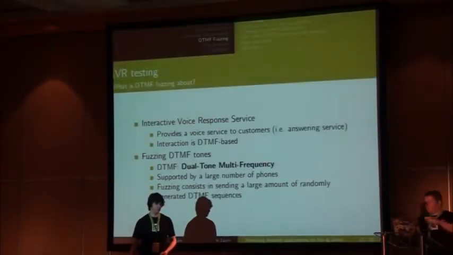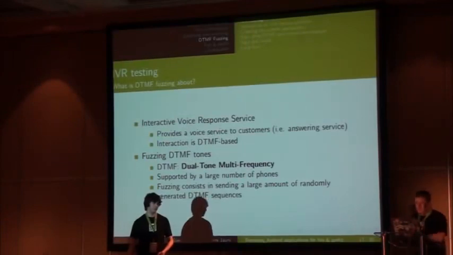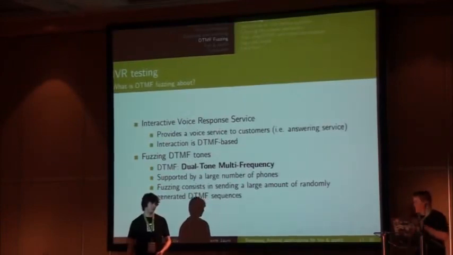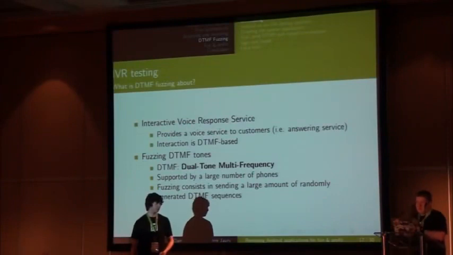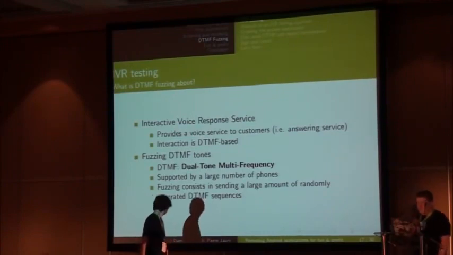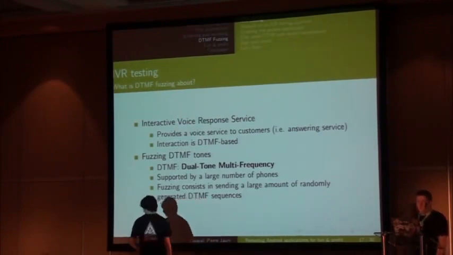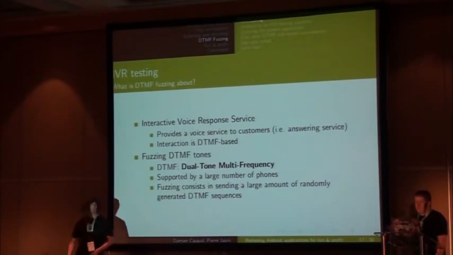So before presenting the technique behind this, I'm going to just make a short presentation of what IVR is. IVR means interactive voice response. So it's a server running that handles voice communications over the phone network, and it provides a voice service to customers generally. I mean, if you have an answering service provided by your telco, it is an IVR service.